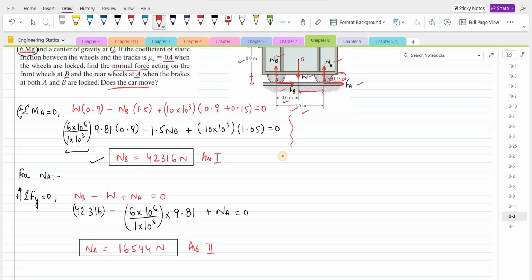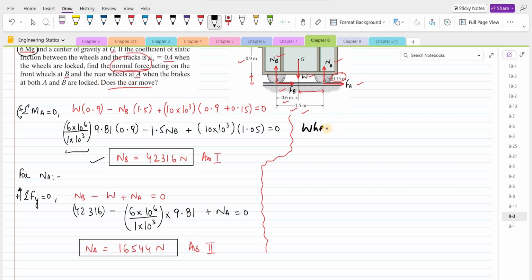So far we have solved half of our problem. We have determined the normal forces acting on the wheels at B and A. Now we have to conclude. So let me write a statement here.